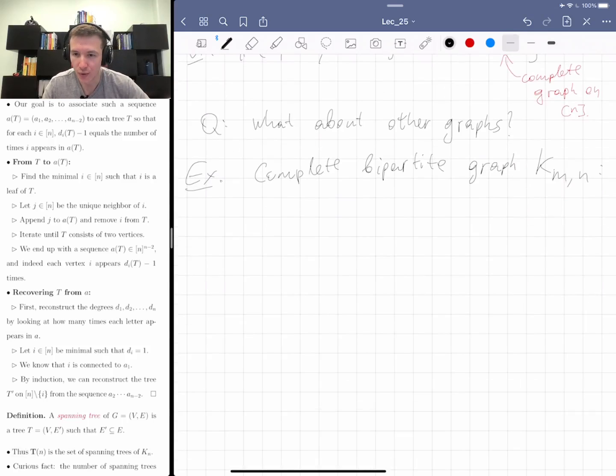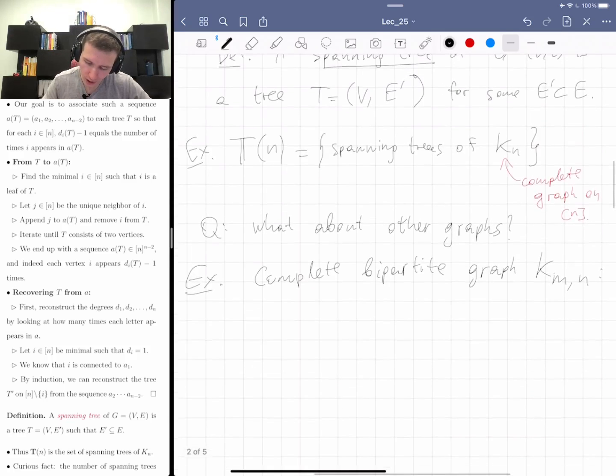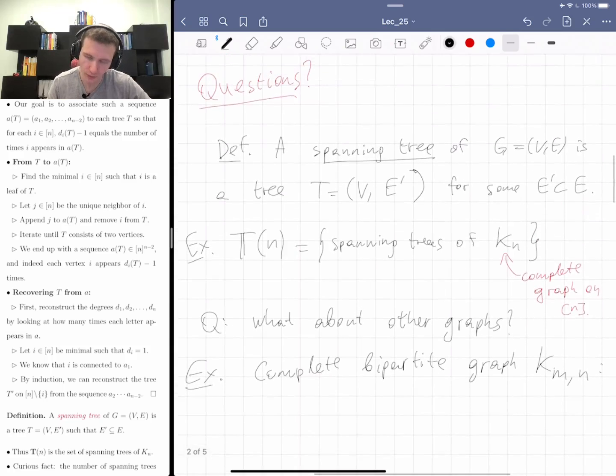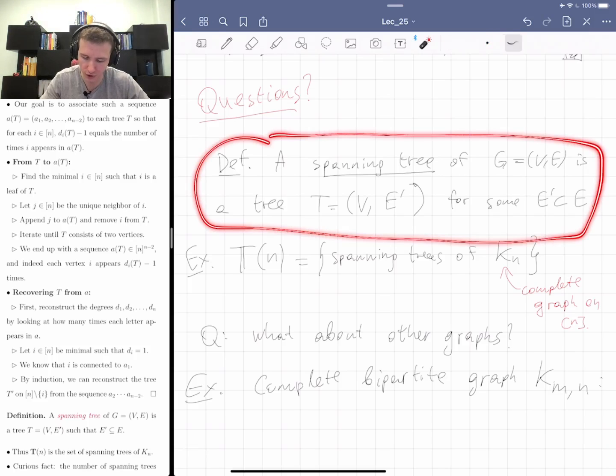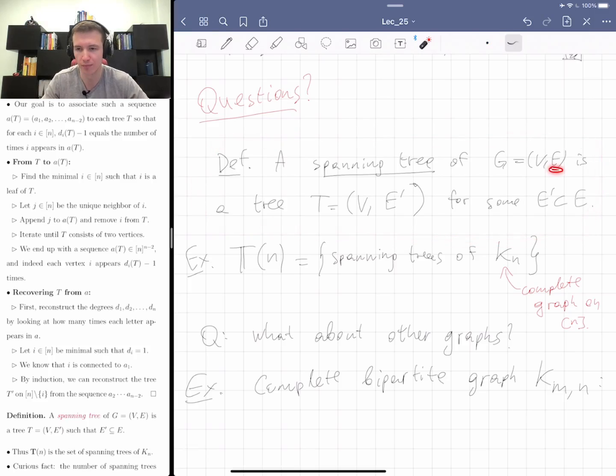How can you remove an edge without removing the vertex for a spanning tree? Yeah, that's a good question. Well, you remove the interior of the edge. You preserve the vertices. But this definition is a formal definition. E is a set of some pairs of vertices, and I take a subset of that set of pairs of vertices.